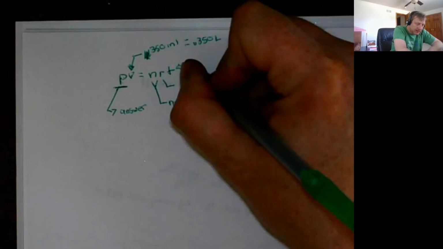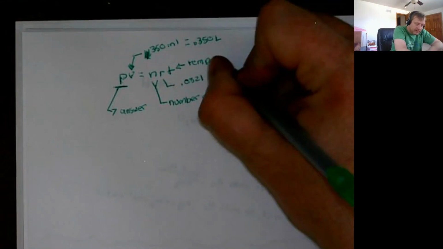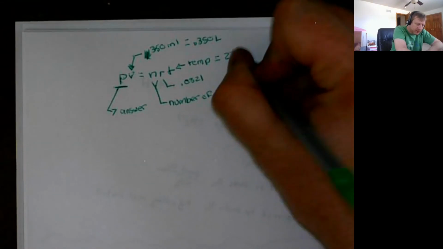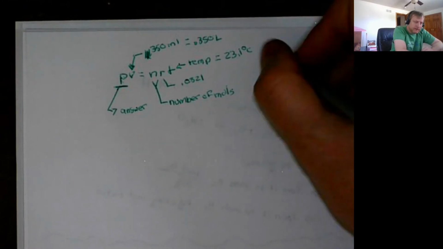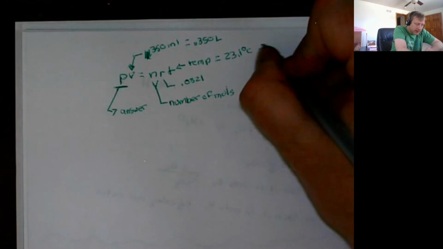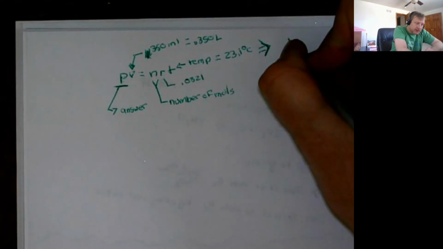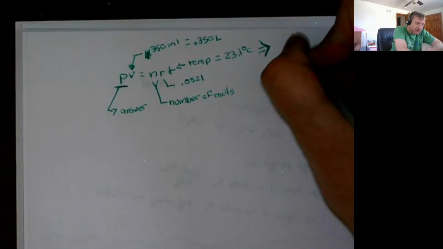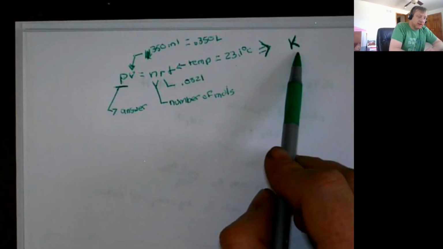And T is the temp in the lab, which I think I said 23.1 degrees C. Check the assignment, I'm just going off of memory there. 23.1 degrees C, but for any gas law problem, you need to turn that into Kelvin before you can plug it into the equation.